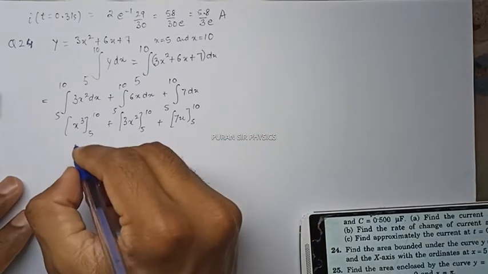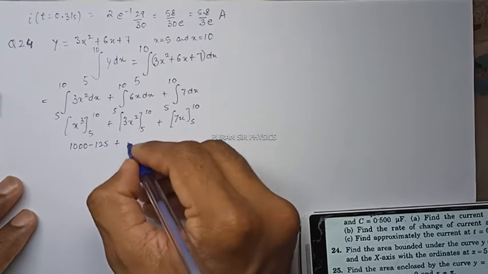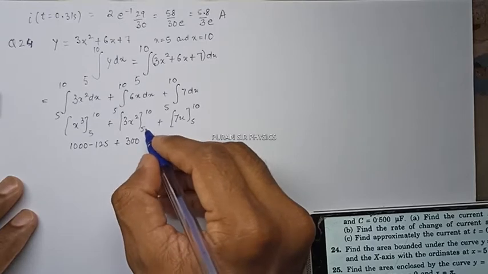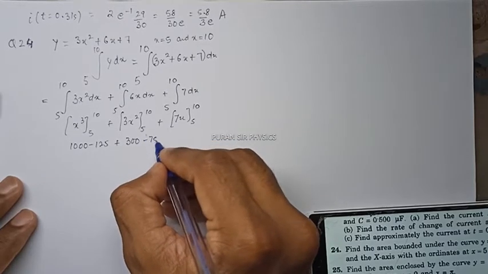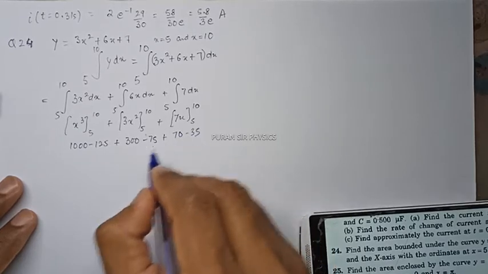So it comes out to be 1000 minus 125 plus 300 minus 75 plus 70 minus 35.